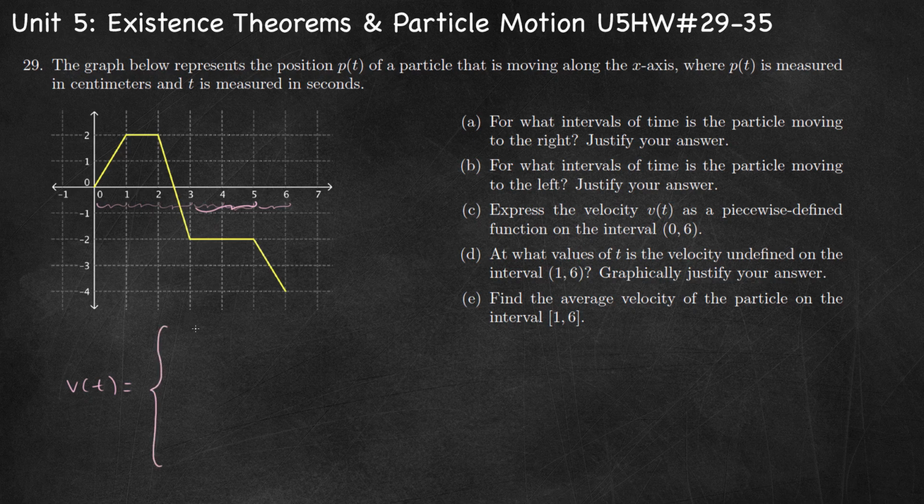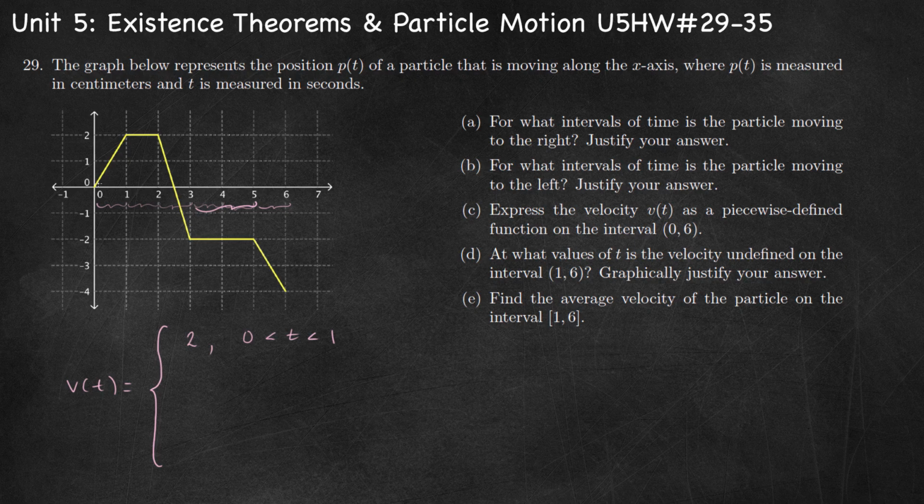So the first piece, the velocity is the slope of the position. So the slope between 0 and 1 is positive 2. So 2, and that occurs on the interval from 0 to 1. Now I should use t, not x. Now should we include these endpoints?